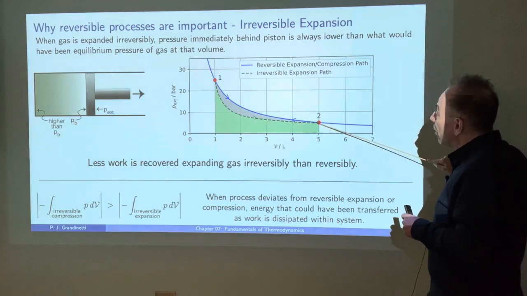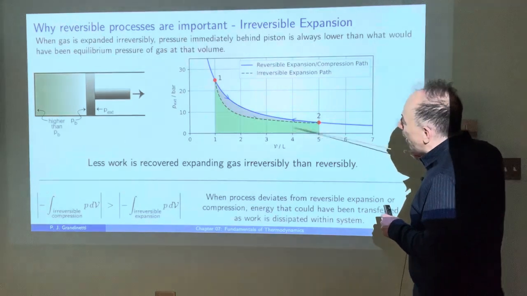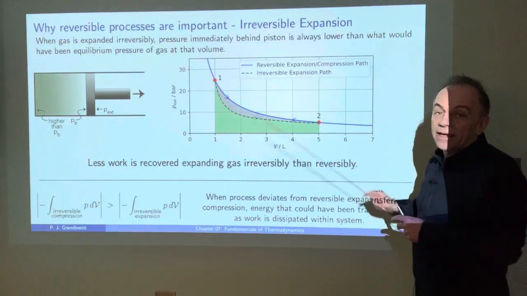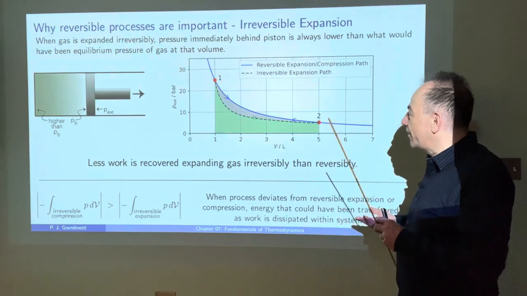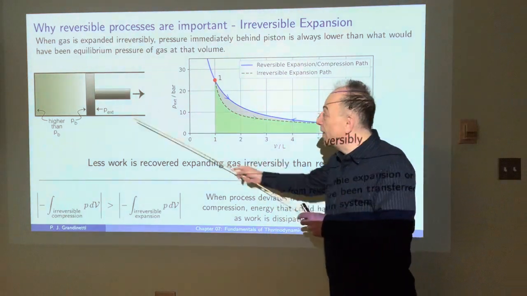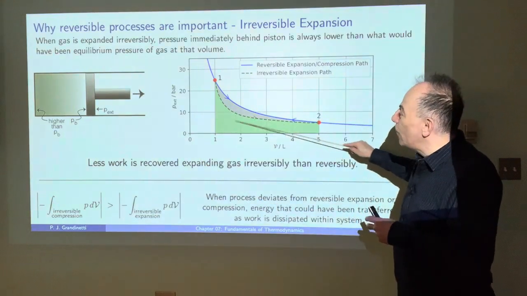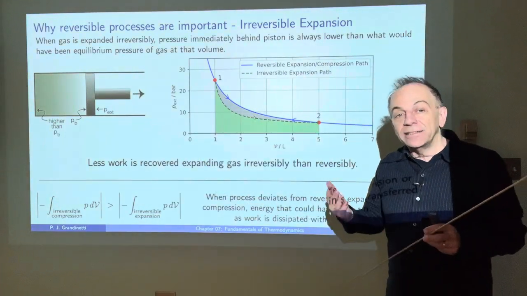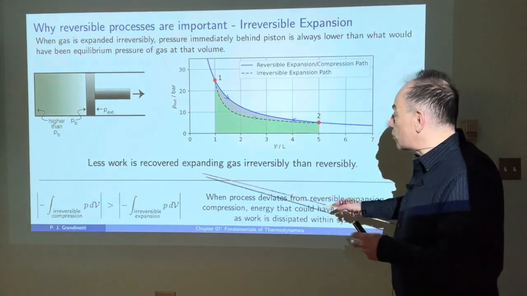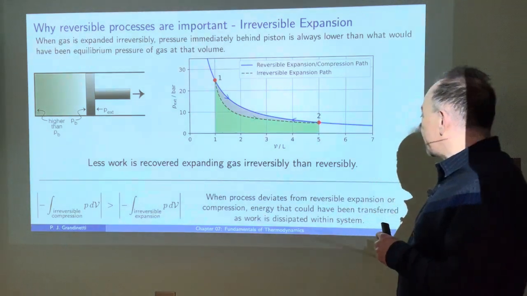But eventually we get out to 5 liters and we reach equilibrium, but along the way the area under this is less than it would have been if we had expanded it reversibly. So now you see that we got work out of the system in expansion, but since we did it irreversibly, we got less work than we would have gotten if we had done the expansion reversibly.